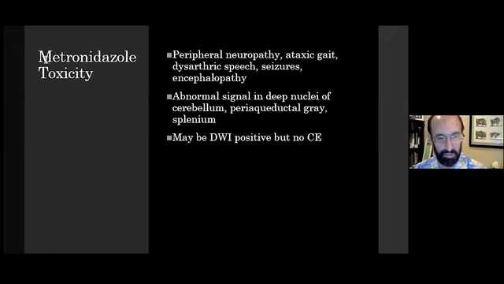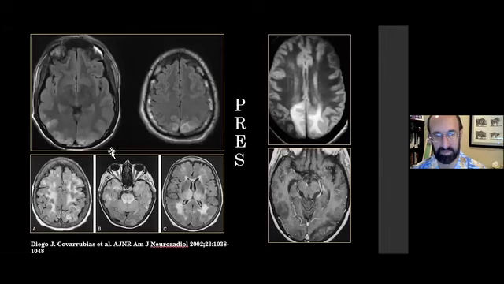So another one with MET, but not methotrexate, but metronidazole or Flagyl toxicity, which can lead to peripheral neuropathy, ataxia, etc. Usually you have abnormal signal in the deep nuclei of the cerebellum, in the periaqueductal gray, and in the splenium. This also may be DWI positive, but it doesn't show contrast enhancement.